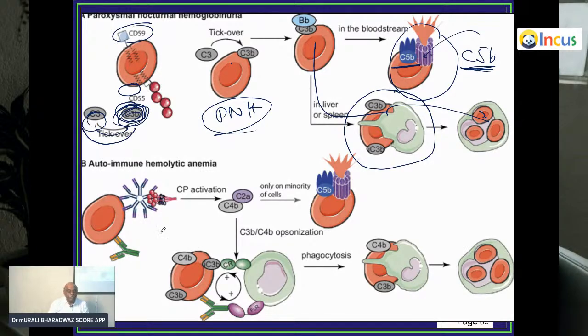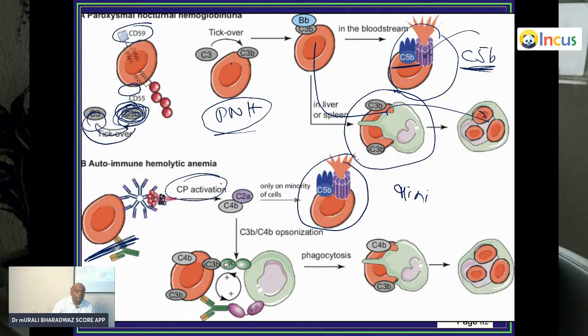Whereas in autoimmune hemolytic anemia, only classical pathway activation occurs, not the alternate. So intravascular hemolysis is very minimal.